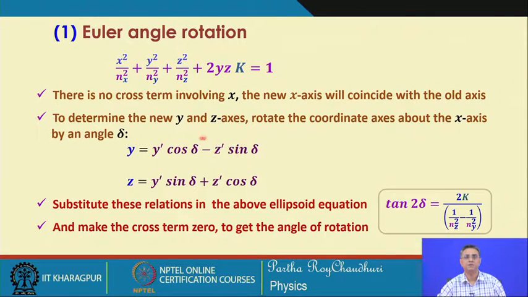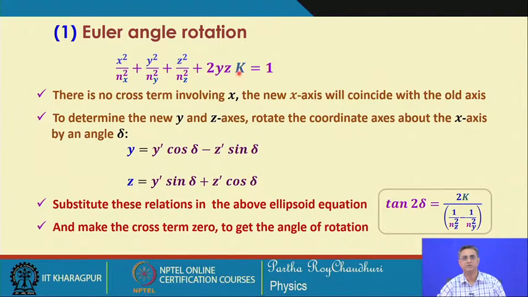Now, if we substitute this for y and z back into this equation, there is no y z, it will be y dash and z dash.